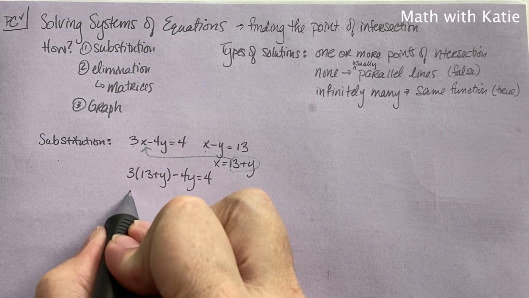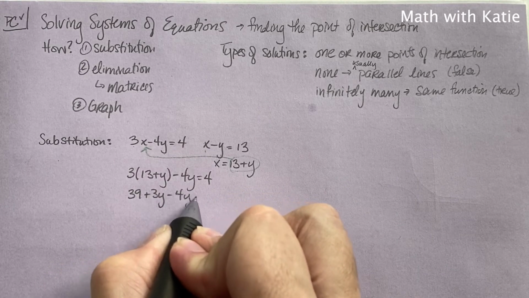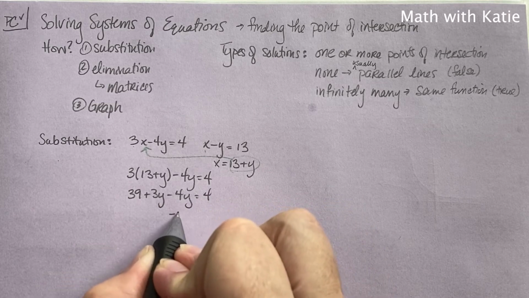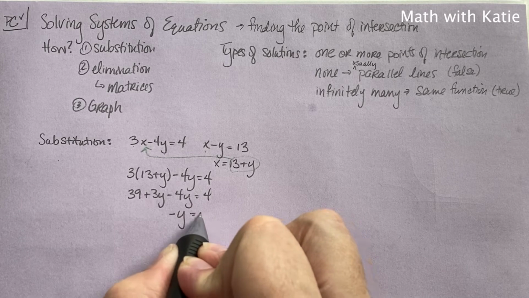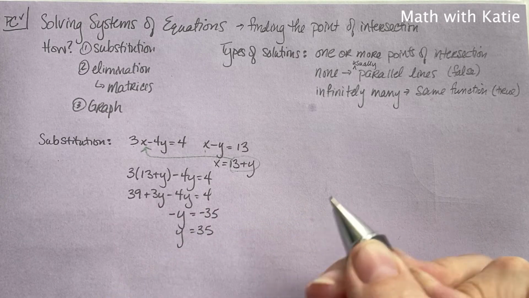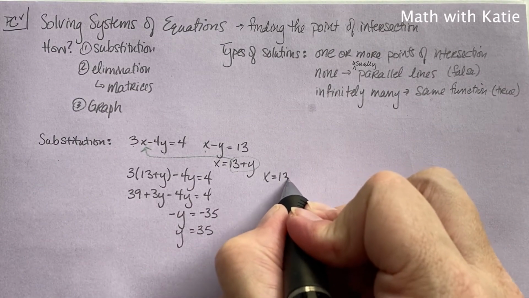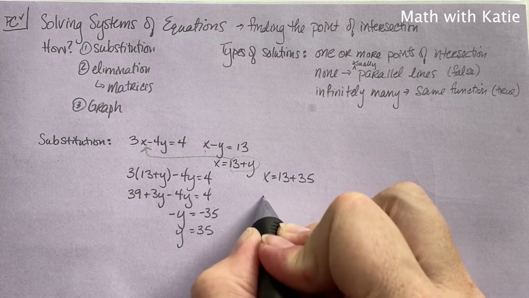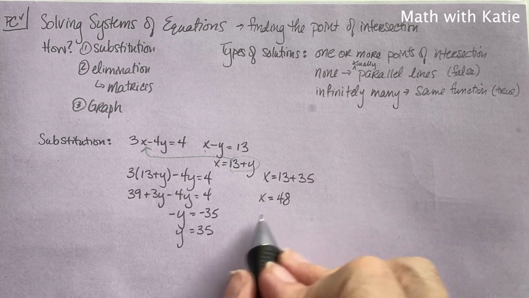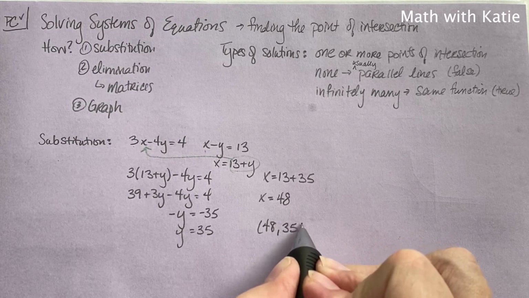Okay, distribute. Okay, subtract that over and combine like terms. So y equals 35. Okay, then we'll go back here and plug that in. So x equals 48. So the point of intersection is 48, 35, okay?